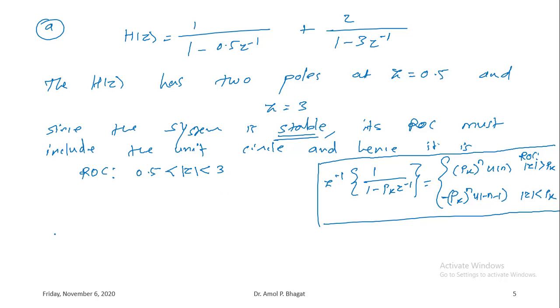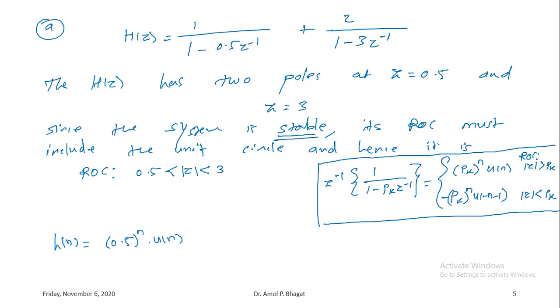So h of n will be equal to what? Here it is 0.5 raised to the power n into u of n for the first term, because mod z is greater than 0.5, greater than the pole value, so p_k raised to the power n u of n is written.